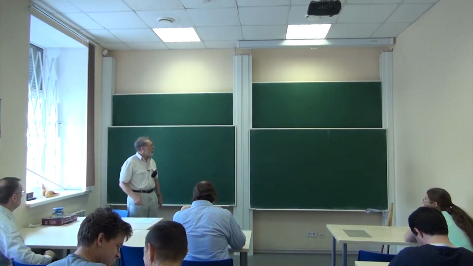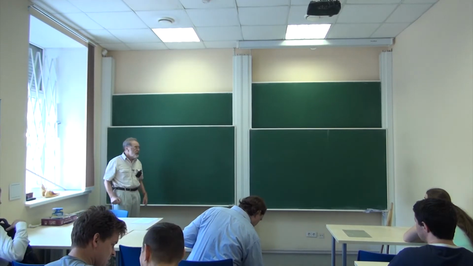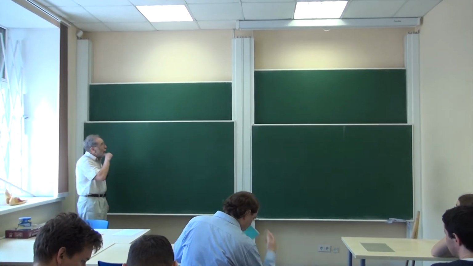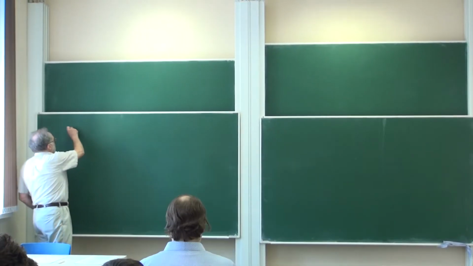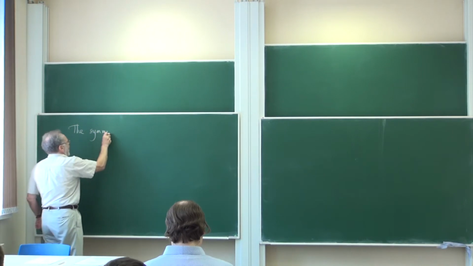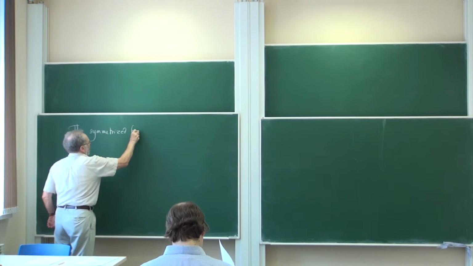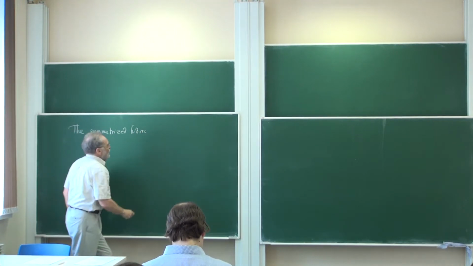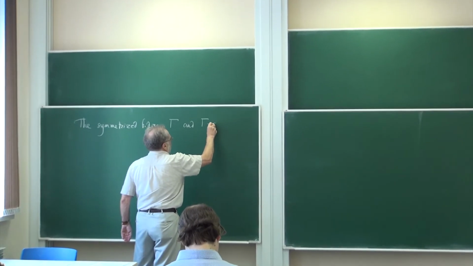Today's lecture is a continuation from yesterday, but actually it's quite a different topic for today. I want to talk about the symmetrized bidisc, which is denoted by gamma, and gamma contractions.